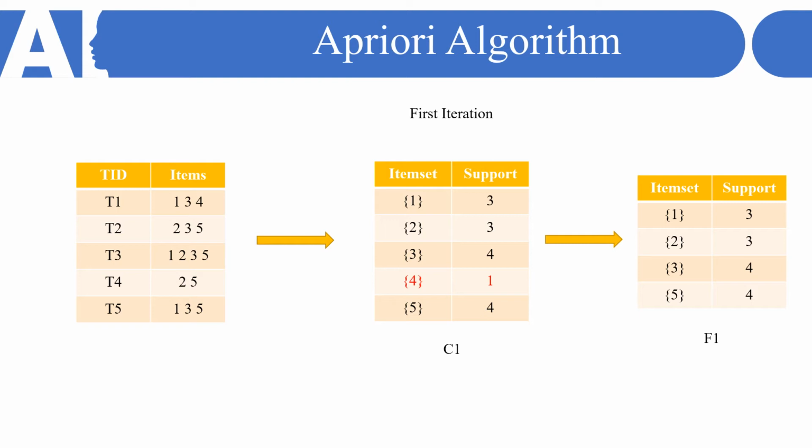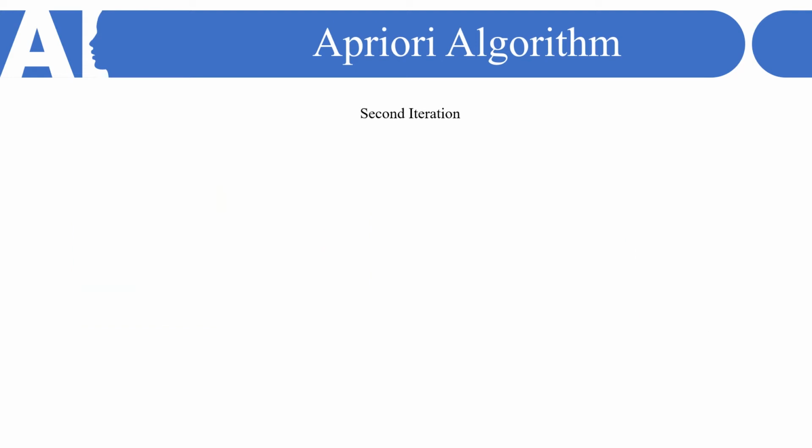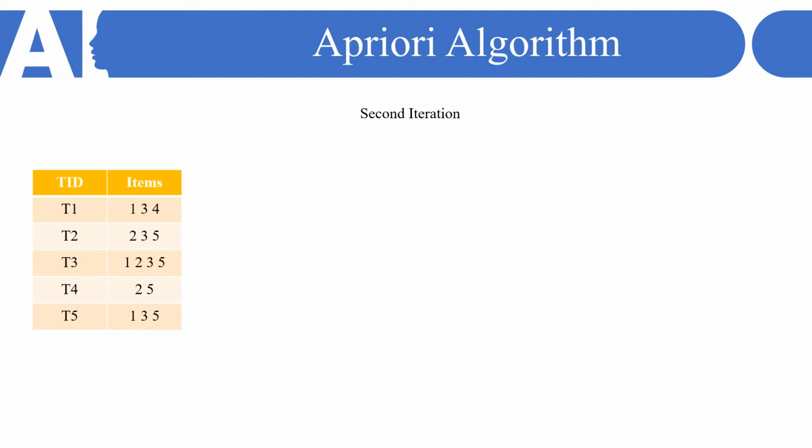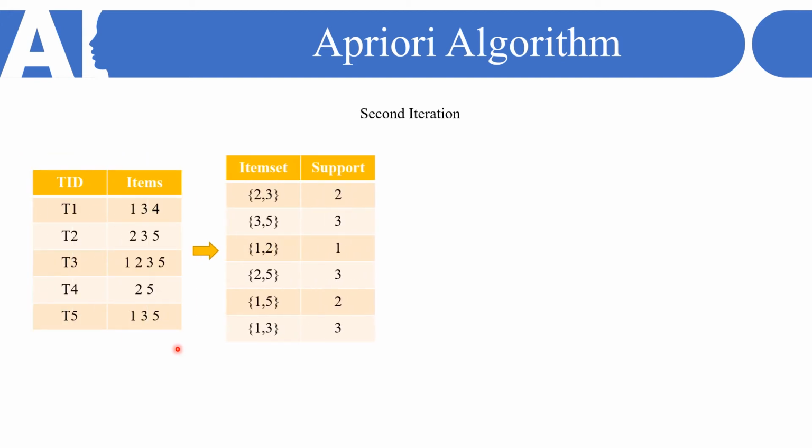Similarly, we are going to have the second iteration. In the second iteration, this is the table which was given for the transactions. Now I consider the item set of 2. In the previous iteration, we removed 4, as the minimum support count was 2.